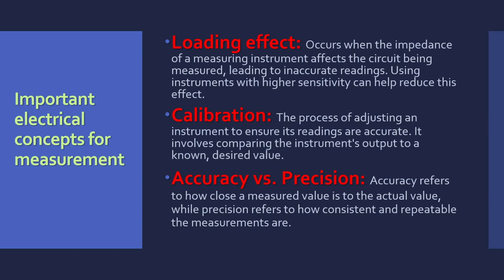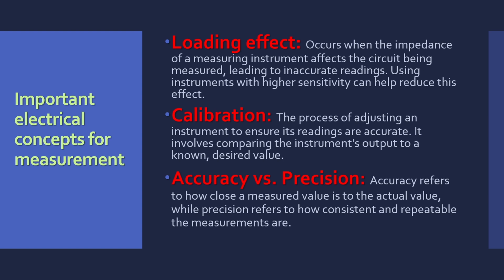Then comes the third and the most important part, accuracy versus precision. Accuracy refers to how close a measured value is to the actual value, while precision refers to how consistent and repeatable the measurements are.